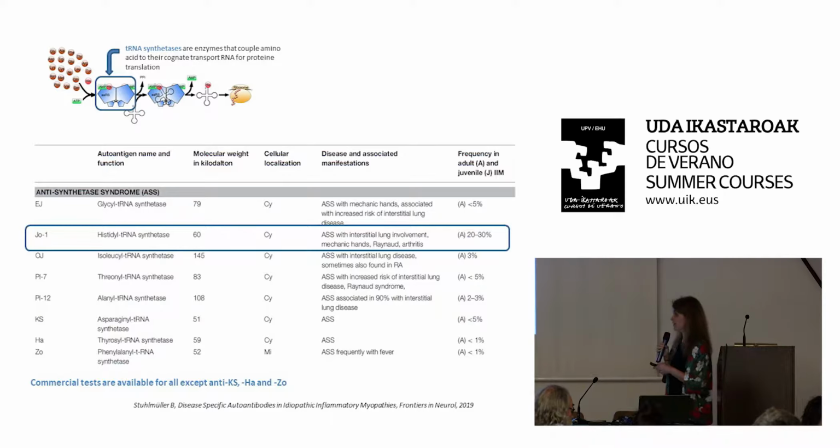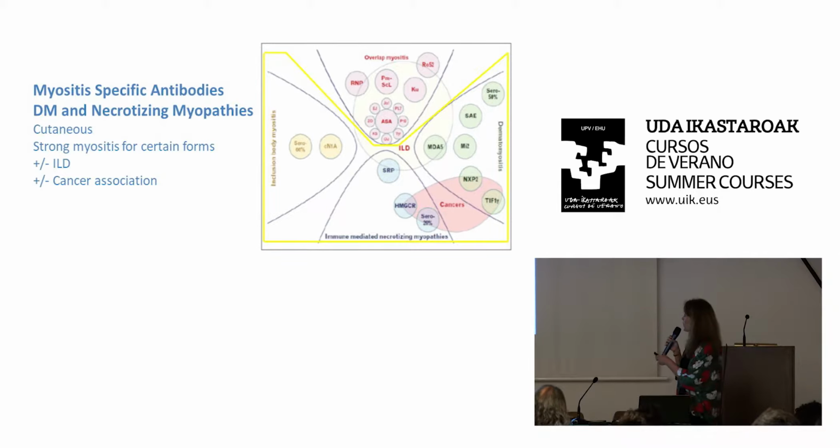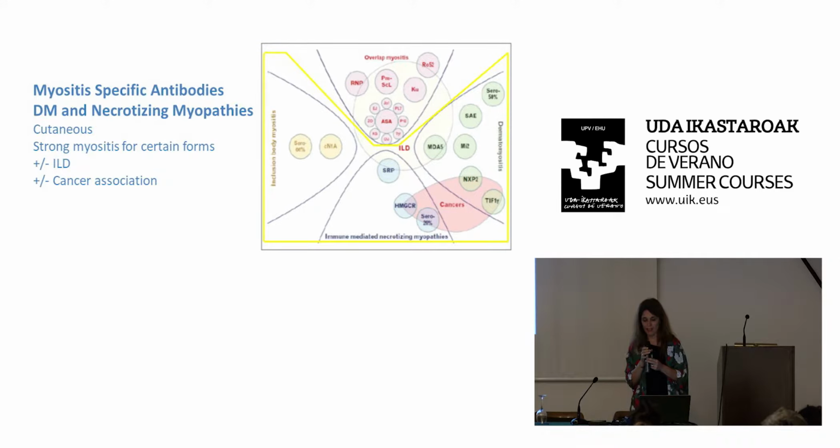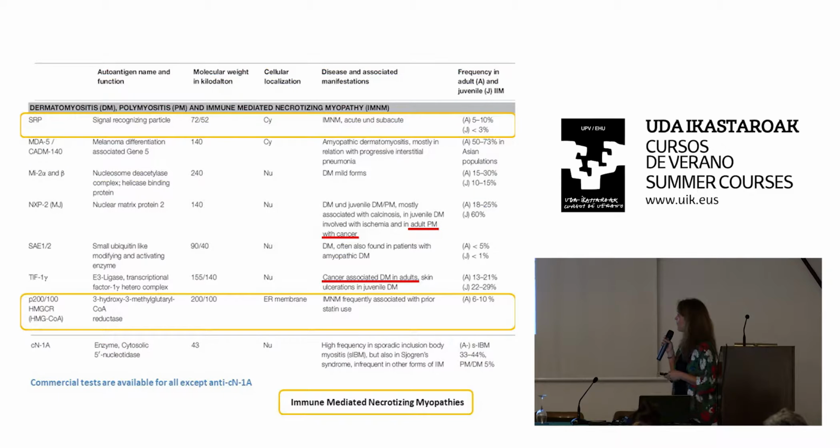So those antibodies can help defining subgroups in the antisynthetase syndrome. So let's have a look at the other forms of inflammatory myositis and the help that can be brought by the autoantibodies.